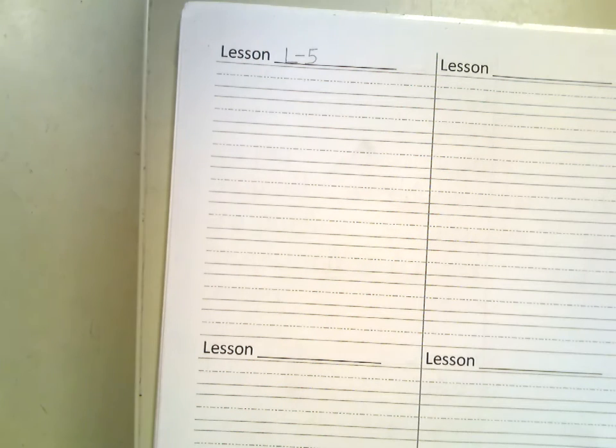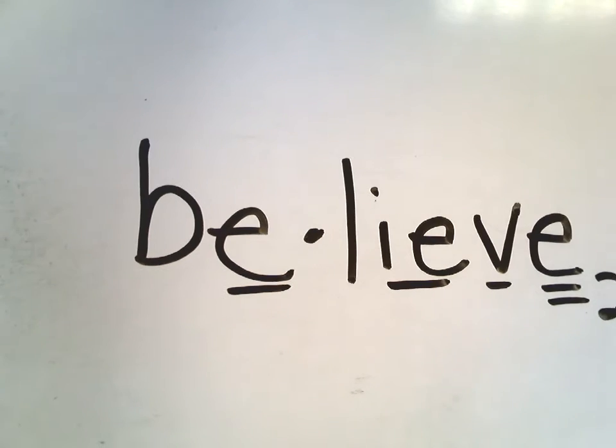All right, class, our next word is believe. Which E do we use in the second syllable of believe? Right, because we have an E in the first syllable of believe, but in our second syllable, it's E-I. We say E-I, but we write I-E. All right, pause the video if you haven't finished it yet.